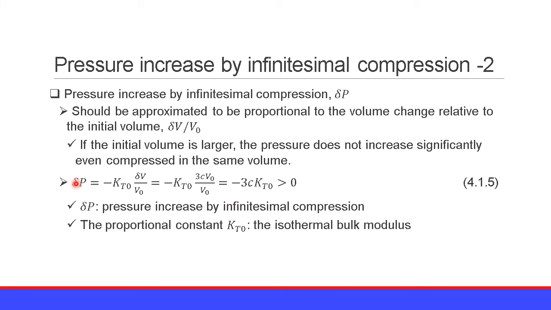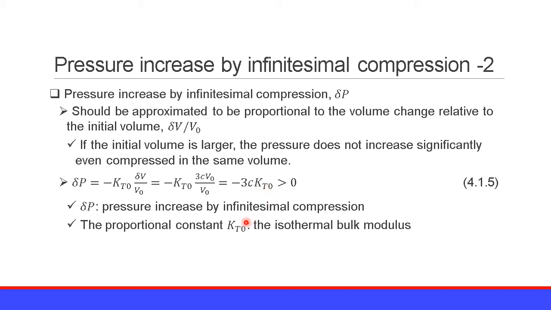Therefore, delta P is equal to minus some constant times delta V over V0. And delta V over V0 is nearly equal to 3C, as we saw in the last slide, then which is equal to minus 3C times the constant KT0.